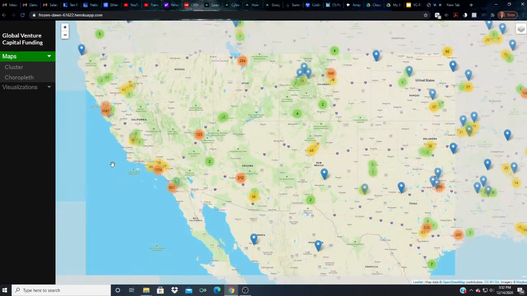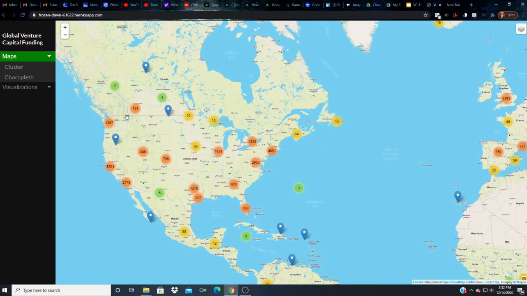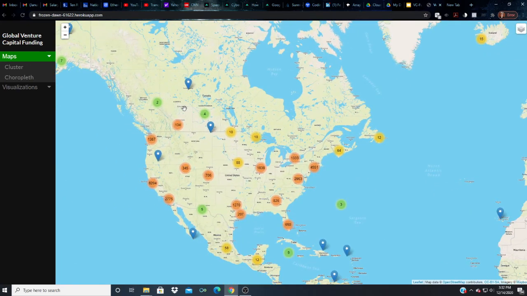So if we go back to the cluster map, we wonder where they are in Canada. It shows maybe 141-ish in Canada. So how is there 141 that we can see, but 1,200 actually in Canada?